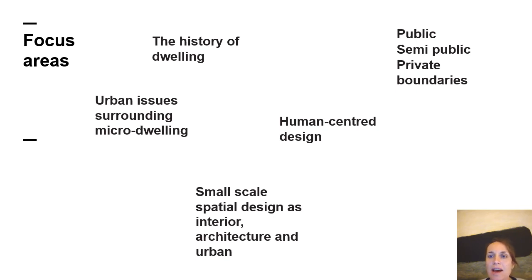You'll also be looking at boundaries, so at boundaries between public, semi-public and private space. This is also an area that is key to an understanding of interior architecture and urban design.